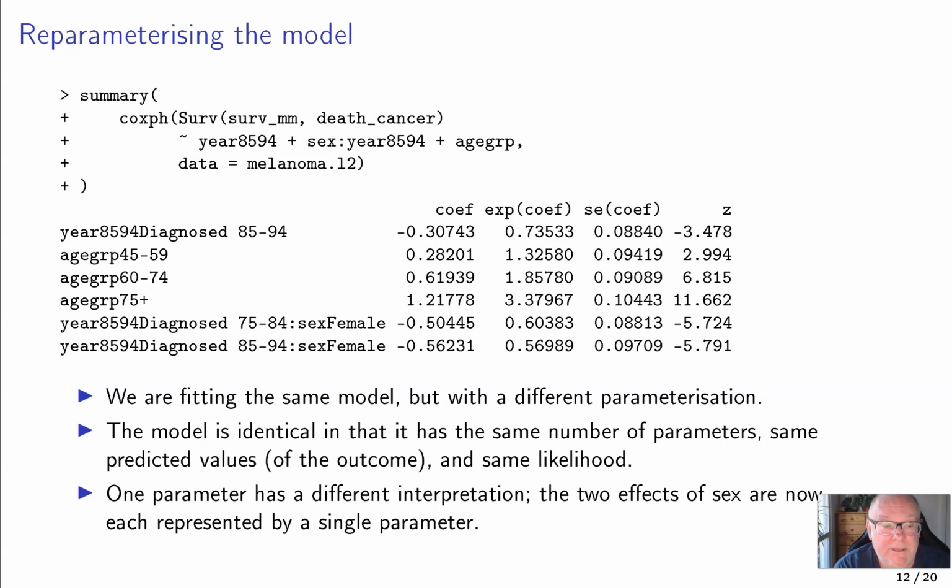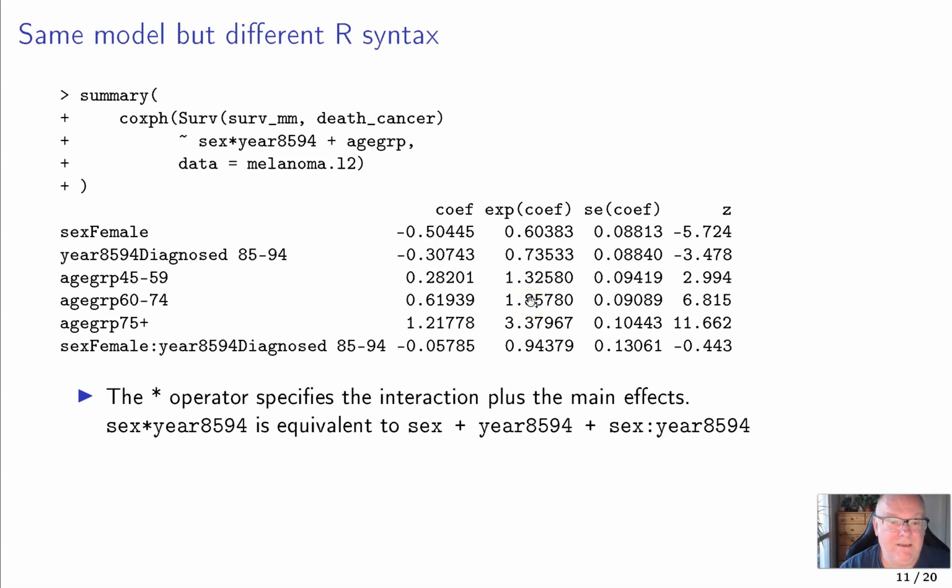This model that I've fitted here is identical in the sense that it has the same number of parameters, the same predicted values, the same likelihood function, but we've rearranged our data so that the parameters have a slightly different meaning.